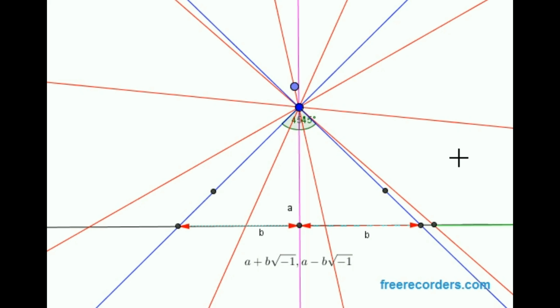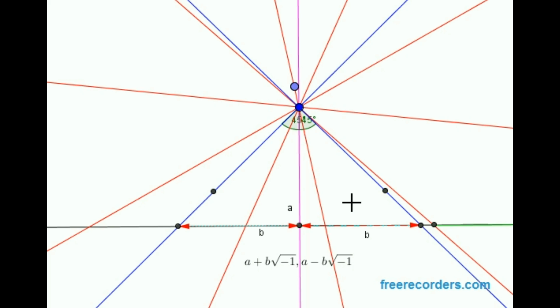Well, to find the complex fixed points of this motion, we know that these fixed points have the form, we can think of them as numbers, because we can think of the points on this line as numbers, and so we can think of them as having the form a plus b times the square root of minus 1 and a minus b times the square root of minus 1, where a and b are real numbers, or lengths if you like. And so a is the real component and b is the imaginary component.